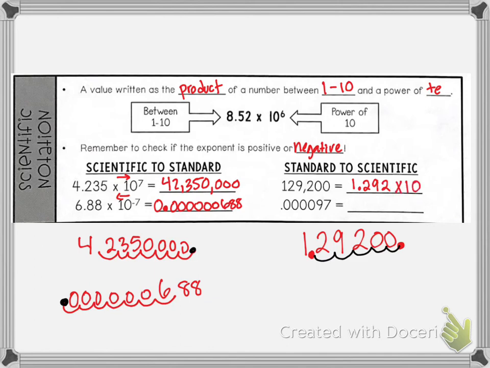Our exponent, since we're going from standard to scientific, is going to be the opposite of what we did before, because we're going the opposite way. So I'm going to make it a positive 5 because we did 5 jumps.